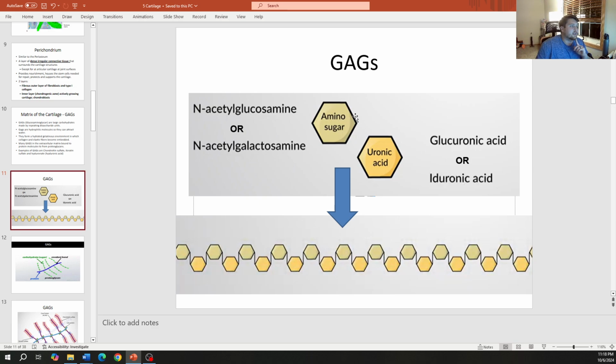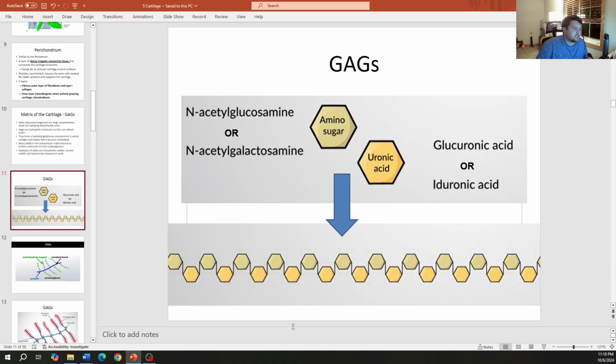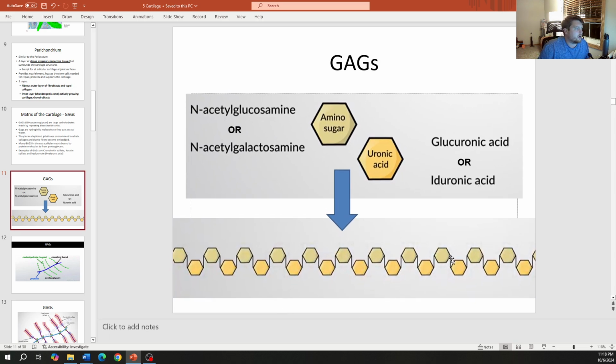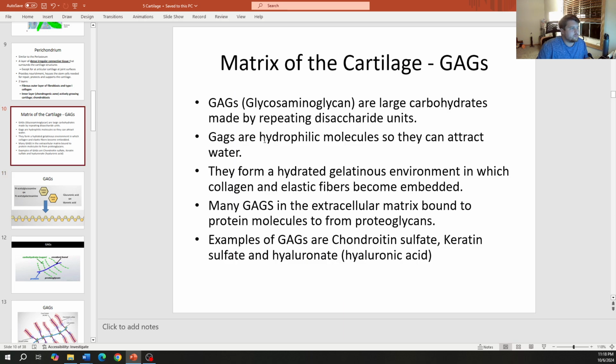These repeat. This is a disaccharide, so these two come together, and they link over and over and over again, pairs of these, all throughout here, in order to form this long chain.